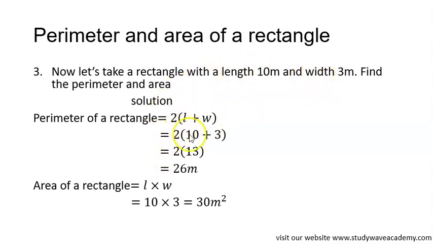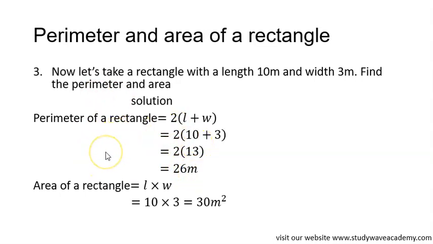We have 2 brackets open, L is 10 plus W is 3, bracket close. You deal with the bracket. 10 plus 3 is going to give us 13. So we have 2 brackets open, 13 bracket close. So 2 times 13 is going to give us 26 meters. So the perimeter is 26 meters.